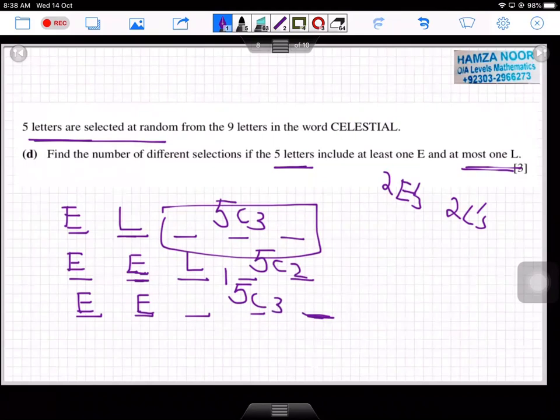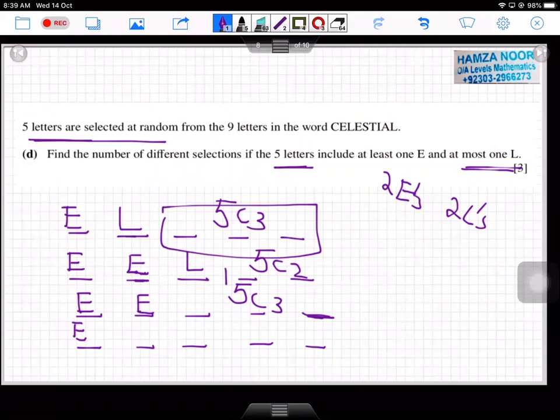What other possibilities? I have one E, and I don't have any of the L's. I need at most one L, and I have only two L's, so zero L along with one E only, because you need at least one E. You can't have a possibility that there is no E. Sometimes it can be a little complicated to get this whole scenario into your head, but as much as you have done your practice, I hope you will be able to tackle these sorts of questions.